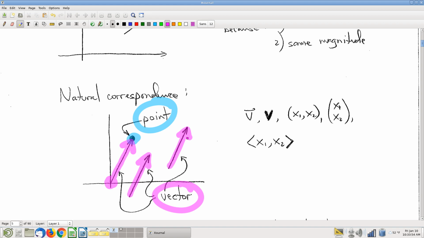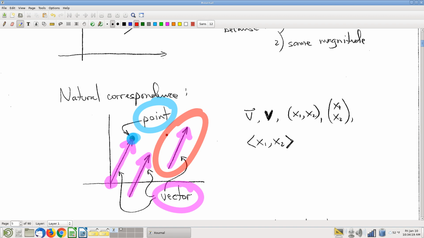So anyway, this is the correspondence. Notice that if you give me a point, there is exactly one corresponding vector. And if you give me a vector, there is exactly one corresponding point. And let me just emphasize, if you say, hey, what point corresponds to that vector? Well, now let's take a moment and recognize that thing that I have circled in red, it's not technically a vector, that's an arrow.